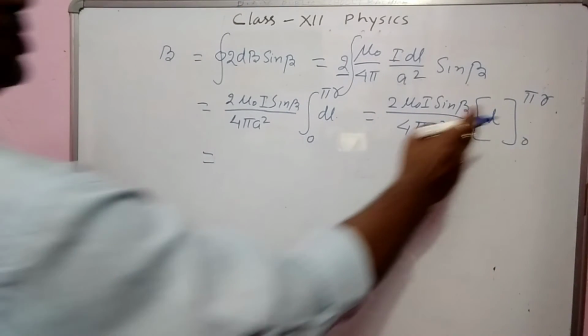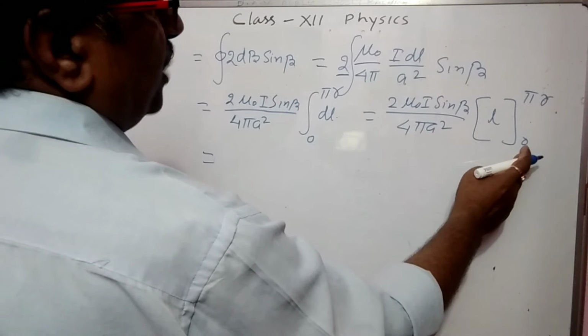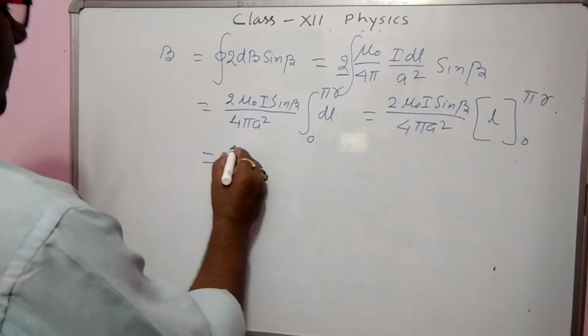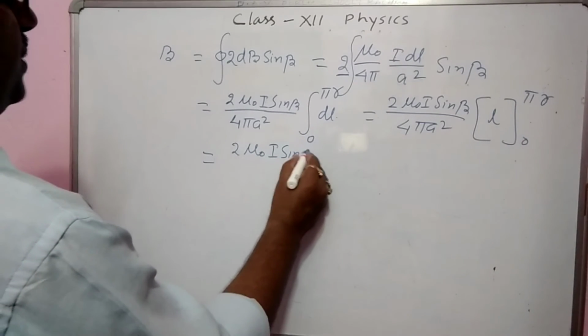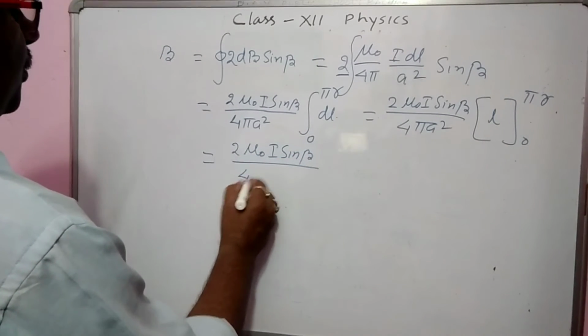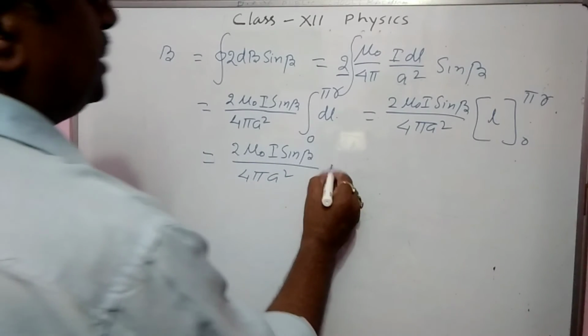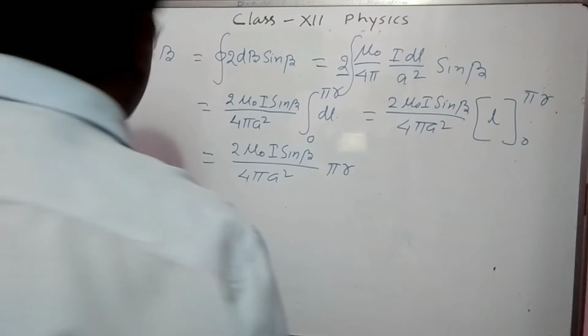Substituting the upper limit minus lower limit, we get pi r. So 2 mu naught I sine beta divided by 4 pi a square into pi r.